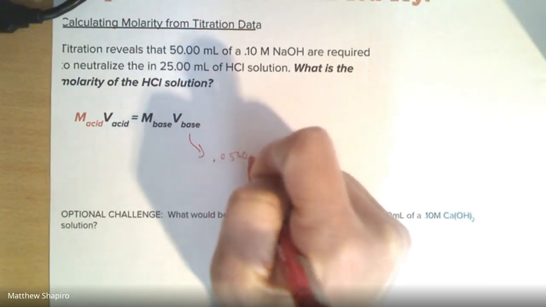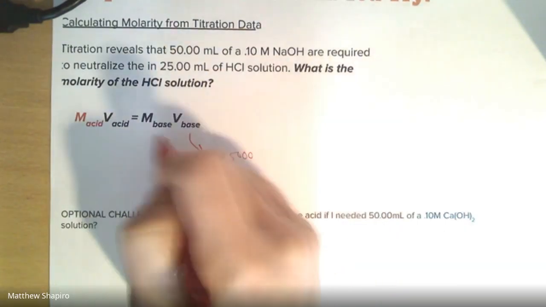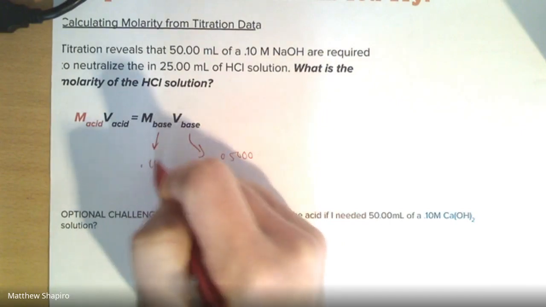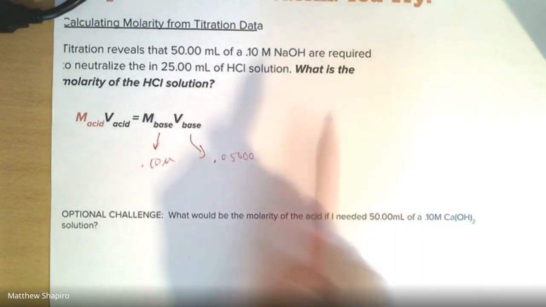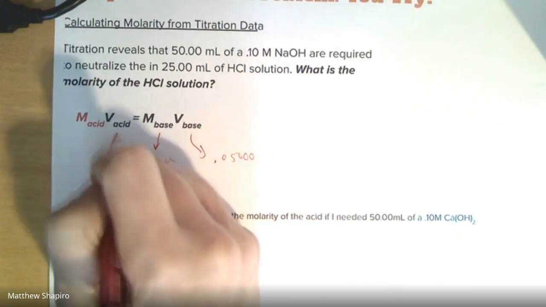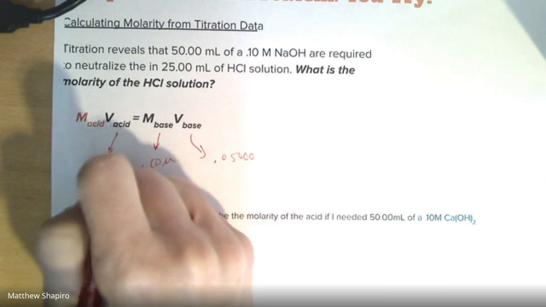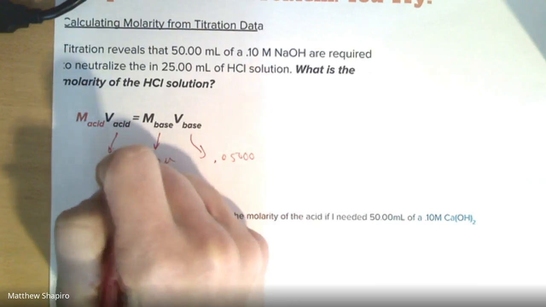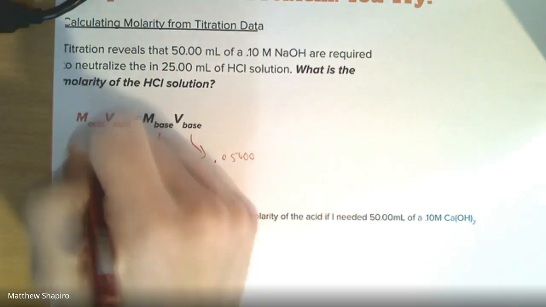How many zeros? Lots of zeros. It actually doesn't matter because we only have 2 sig figs with a molarity. I'm just picking these right from our problems. Neutralize 25 mils of hydrochloric acid. So we know our volume of our hydrochloric acid is 0.025 liters. So we're looking for that unknown molarity.